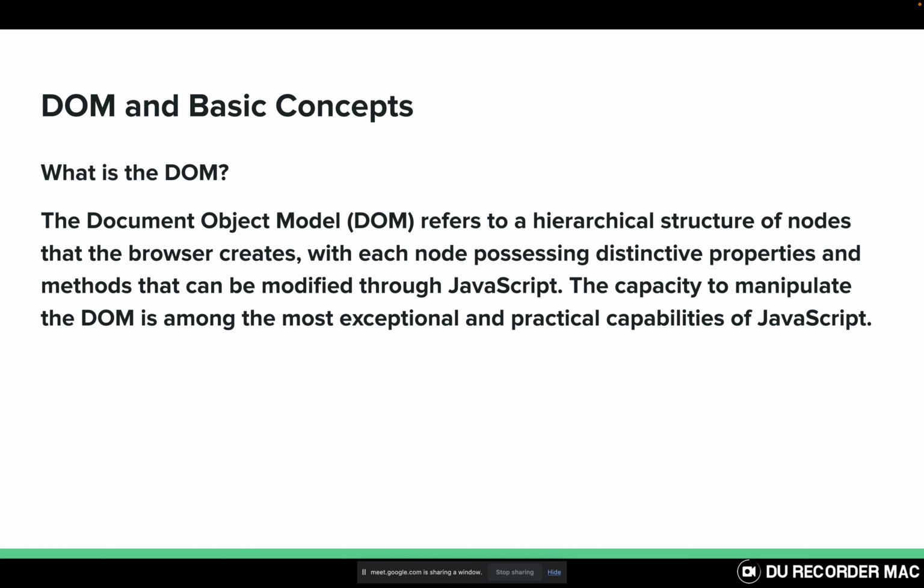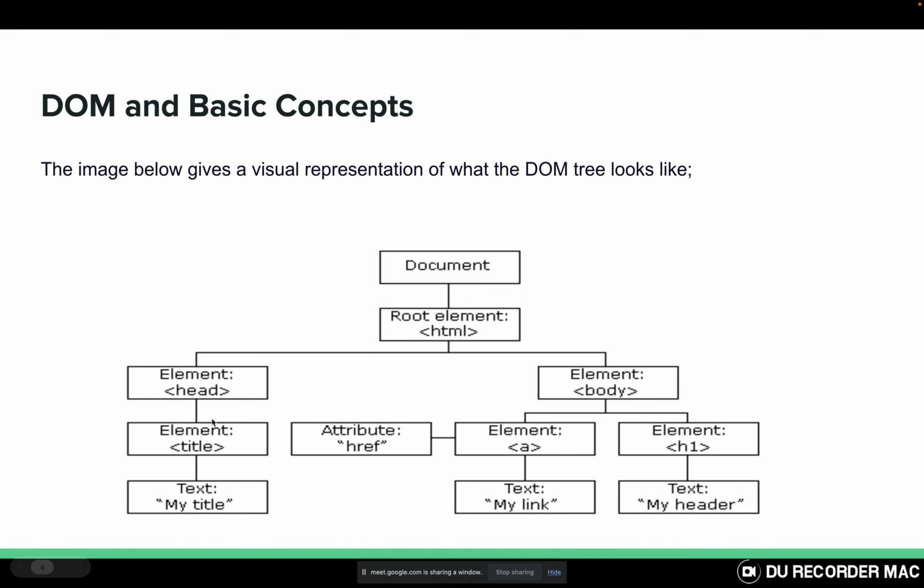Then there are team leads before you get to the individual workers, right? So something like that. So this is the DOM. It's a hierarchical structure. Do you guys understand the hierarchical part where there's something at the top and there are other elements below? You guys get that? Yes. Yeah, I got that.